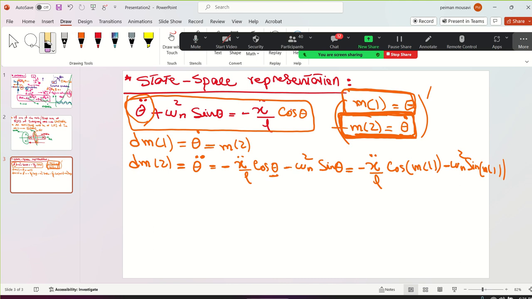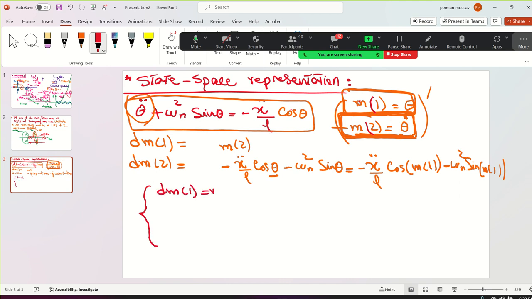The name of this is the state space equation, meaning that we say bye-bye to this and bye-bye to this, and just keep the state variables M1 and M2.